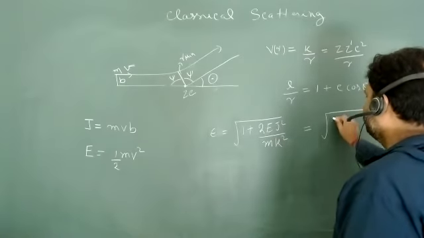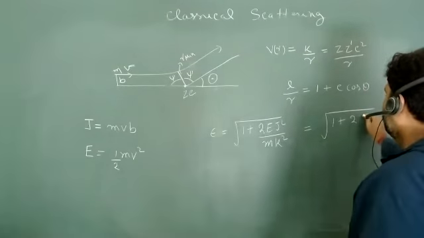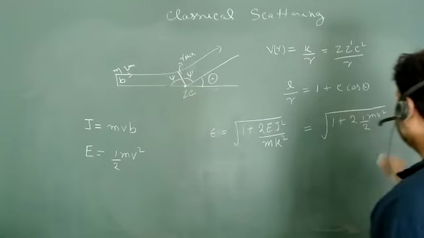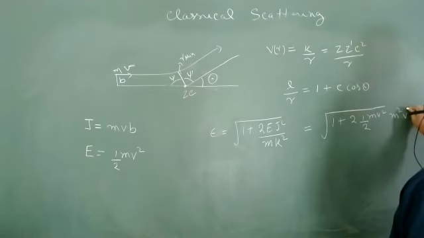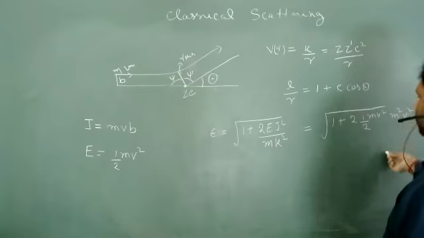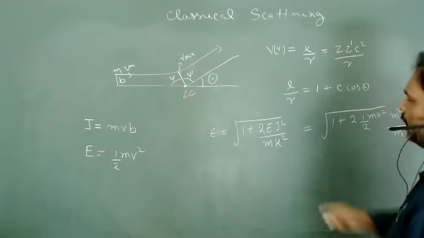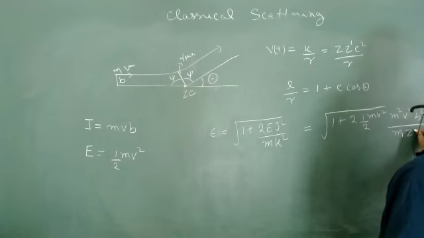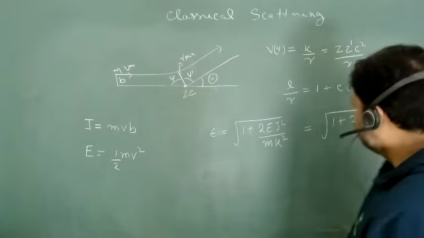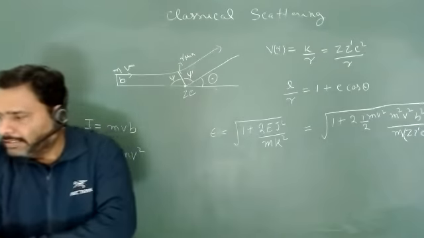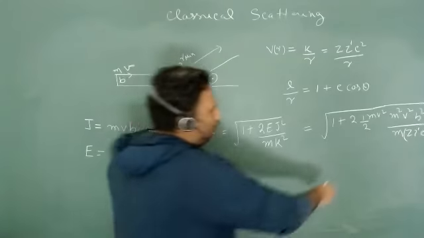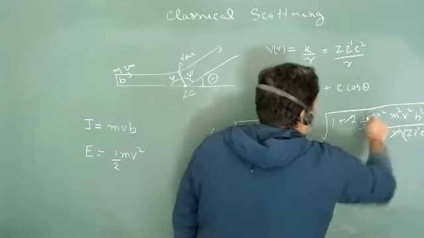This value is 1 plus 2 half mv square, and we have j square. So j square is m square v square b square by m, and this is k square. So what is k? Z'e whole square. कह सकते हैं ना इसे? So what is my eccentricity? My eccentricity is this particular 2 and 2 will cancel, m and m will cancel.